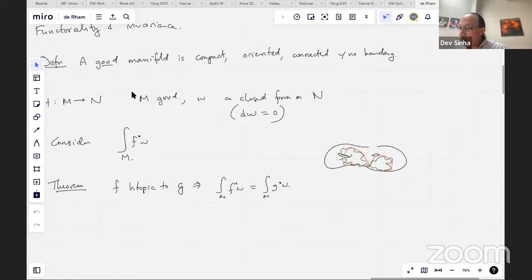So let's give you a quick proof. It's going to come down to Stokes's theorem.